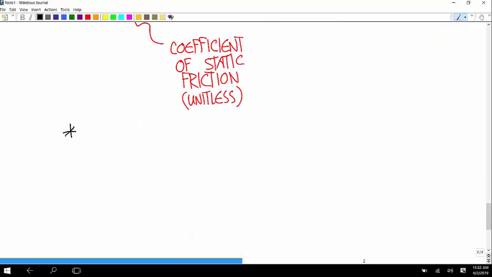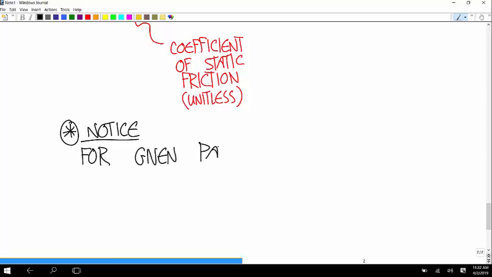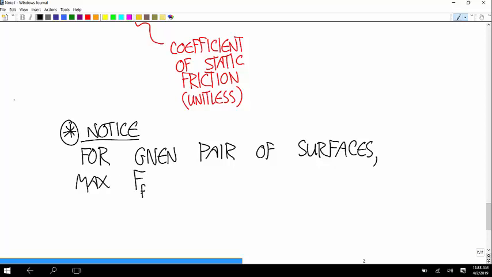And one thing to notice about this is, for a given pair of surfaces, the surfaces of the two objects that can possibly slide relative to each other, the maximum value of the force of friction is proportional to how hard the two surfaces are pushed together.